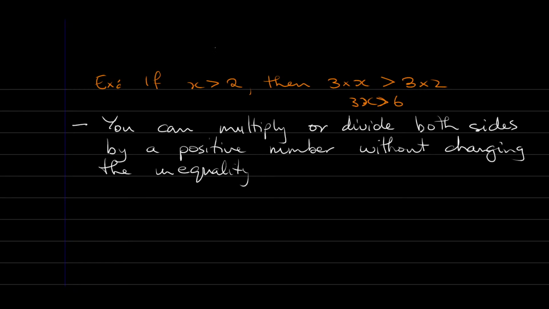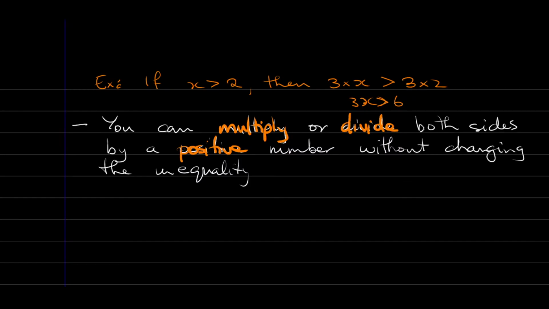Right? Let me just write that in a bolder orange. So multiply or divide by a positive. Right? You can multiply or divide both sides by a positive number and the inequality wouldn't change.